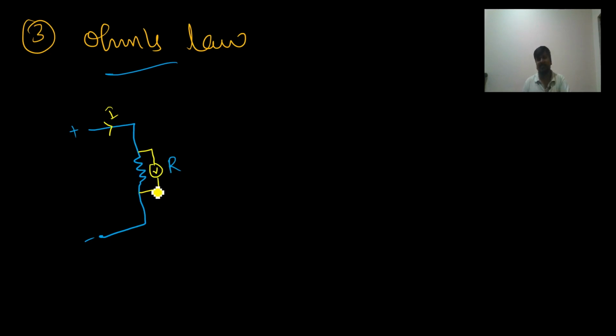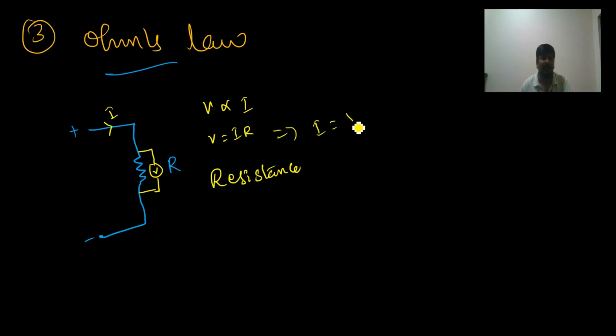The potential difference across the resistor is directly proportional to the current flowing through it. V = IR, where R is the proportionality constant, that is resistance. So I = V/R, the formula is like this.